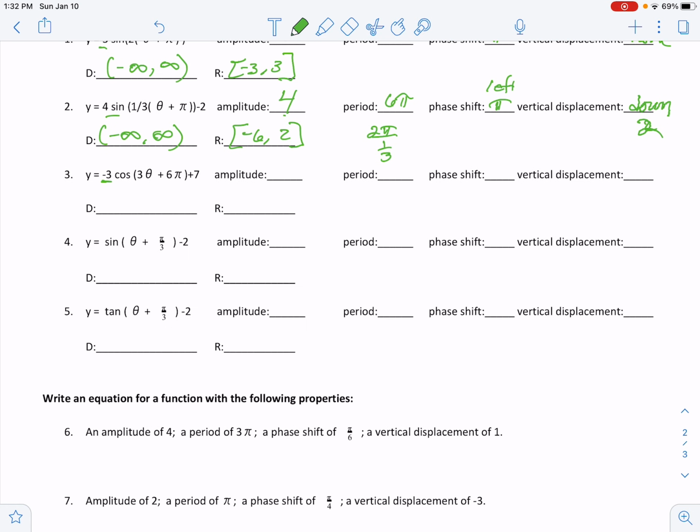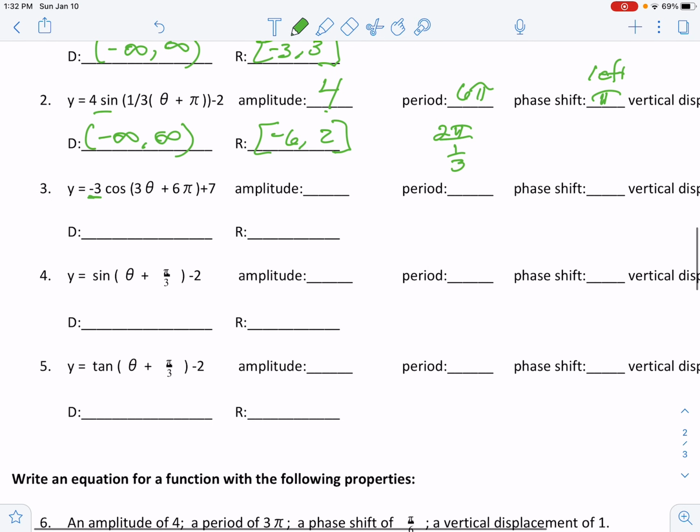All right, amplitude. There's a negative there, which means it's gonna flip over. So if I was gonna draw this graph, which I think we should, it's gonna start here. It starts at 1. Instead of starting here, it's gonna start at the bottom and go up. All right, so this is 3. The period is 2 pi divided by 3. So let's erase this. It's kind of getting in my way.